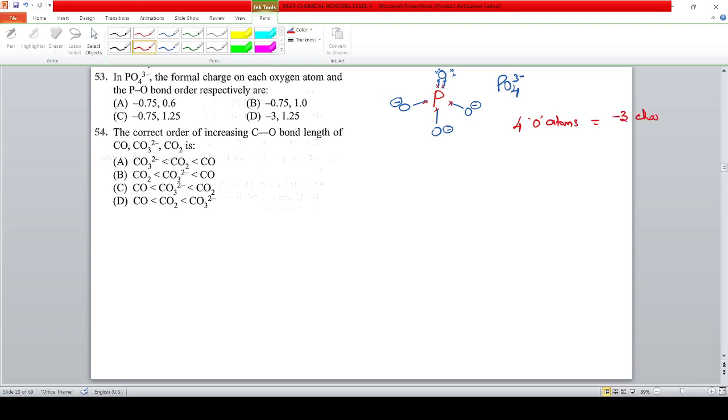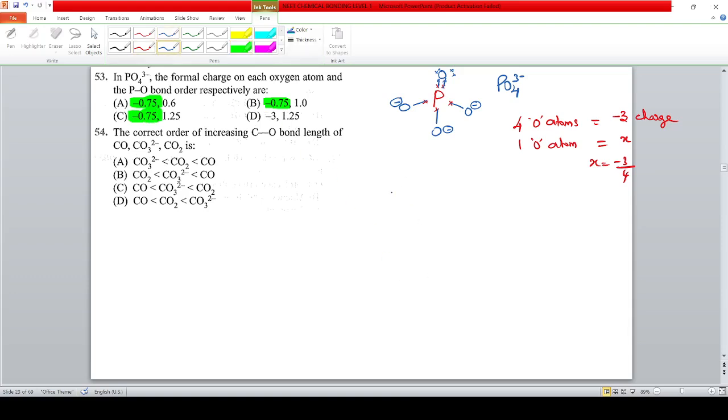What is the charge on only 1 oxygen atom? Cross multiplication: x is equal to minus 3 by 4. So the charge on only 1 oxygen atom is minus 0.75. So the formal charge on an oxygen is minus 0.75.